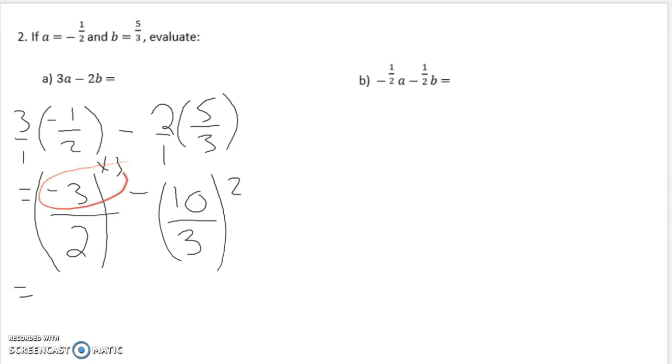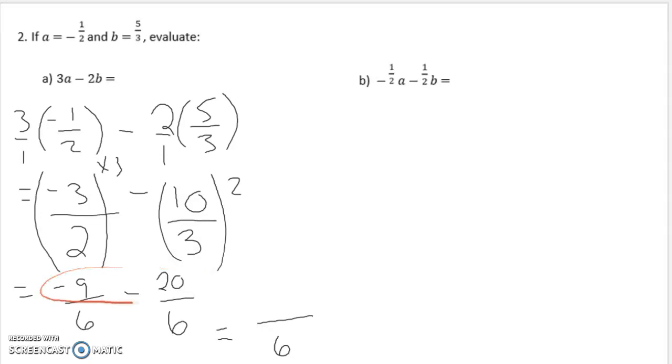Okay, so 3 times -3 gives me -9, and then 3 times 2 gives me 6. And then subtract, because there's a subtraction right there. 10 times 2 gives me 20, and then 2 times 3 gives me 6. So now we have the same common denominator, so we know that it's going to be over top of 6. And then now we just have to do -9, take away 20, and that's going to give us -29.